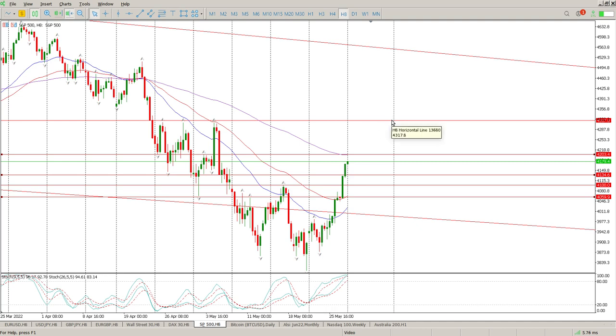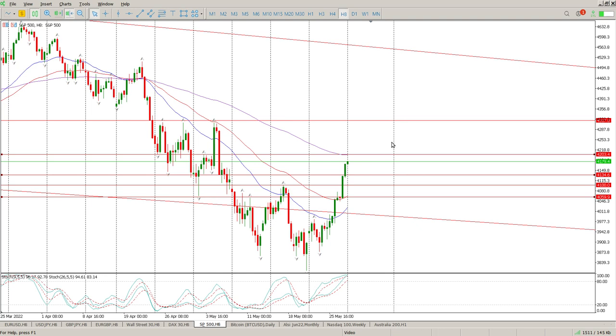That is your target up there at 4,300. Break of 4,300, you can see on the 8 hour, would mean a break of this previous consolidation area, and at the same time you'll have all the moving averages crossed over, and after the pullback on that, I would be looking for long-term longs.